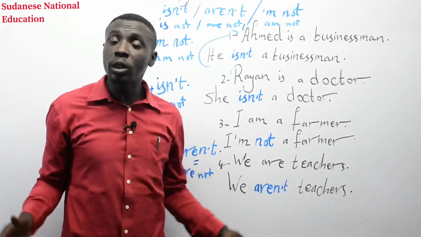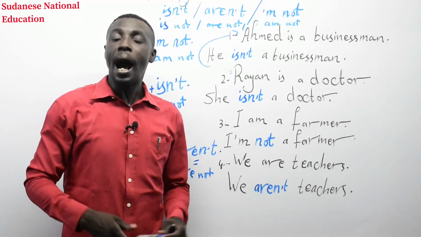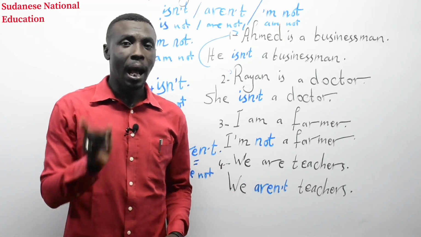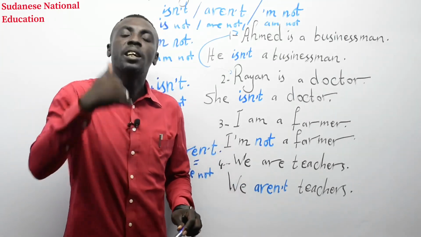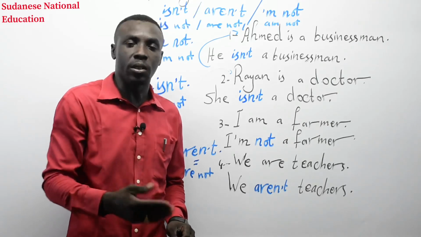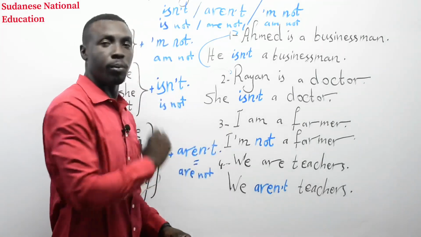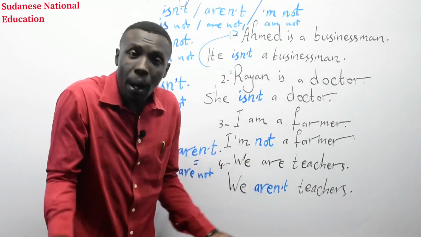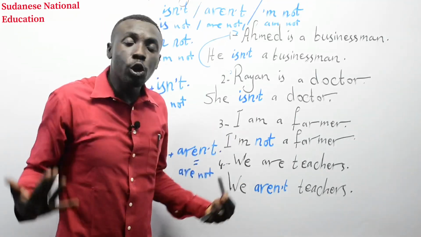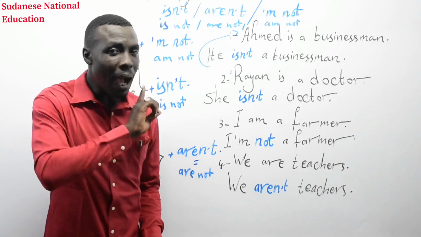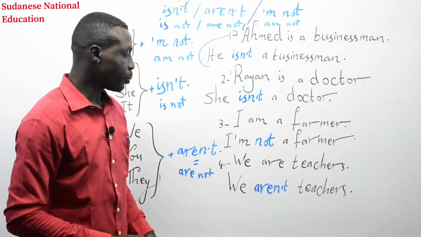I am not a farmer. I am a taxi driver. I am not a farmer. So not gives the opposite, the negative meaning of the positive meaning. If I said I am a farmer, at the same time I'm not, you can say I am not a farmer.